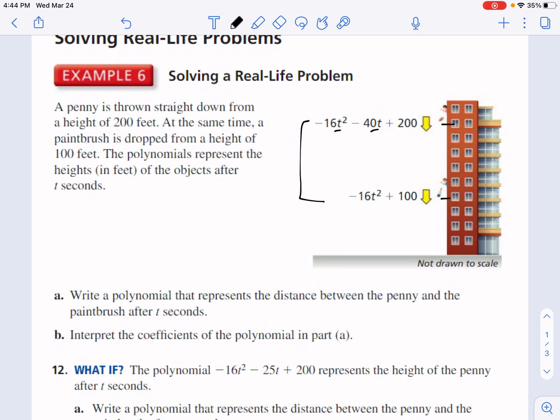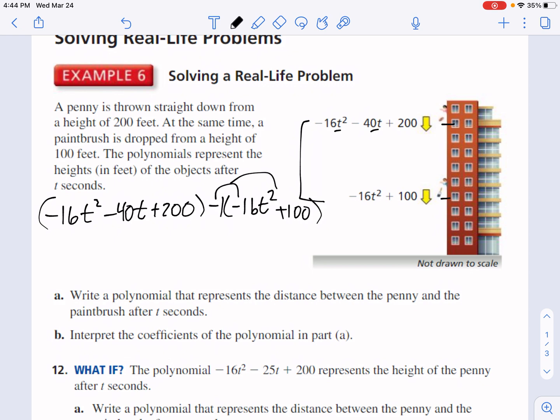So we're going to take the first polynomial, negative 16t squared minus 40t plus 200, and then we're going to subtract from it negative 16t squared plus 100. Now, just like what we talked about in the last video, when we subtract, we need to treat this like I have a negative 1, and we're going to distribute the negative through.